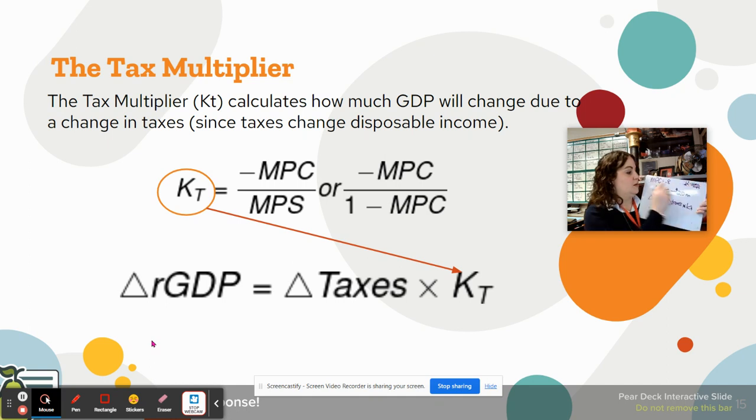So MPC is given to me at 0.8. So the numerator is going to be negative 0.8 divided by 0.2, because remember, MPC plus MPS is equal to 1. So if MPC is 0.8, MPS has got to be 0.2. So KT is going to be negative 0.8 over 0.2. So you just divide, and that's going to give you negative 4.